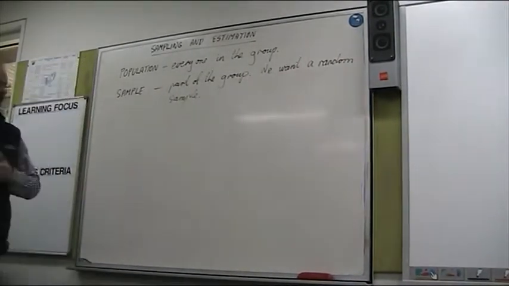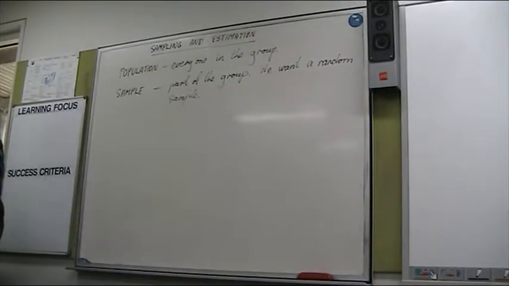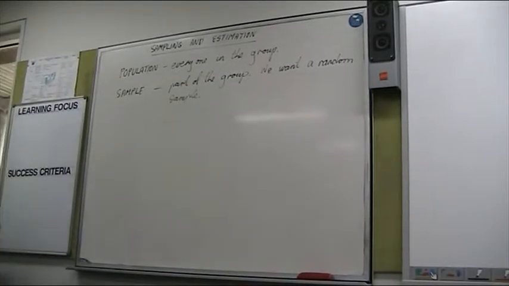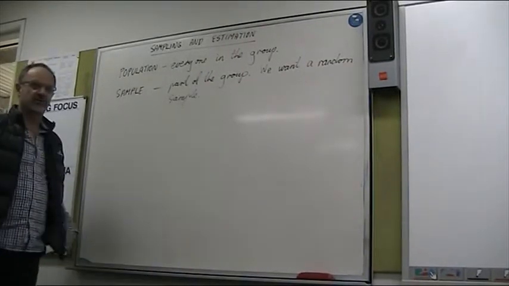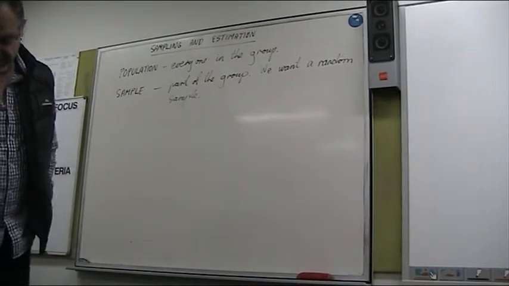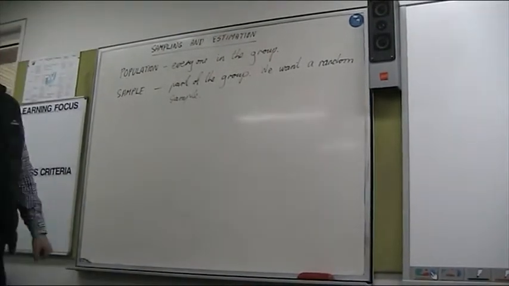Right, so say for example, if we want a sample from the students at this school, then we need to take it randomly, not just go to 10A and ask them and have 10A being representative of the whole school. We need to take random numbers. All right.